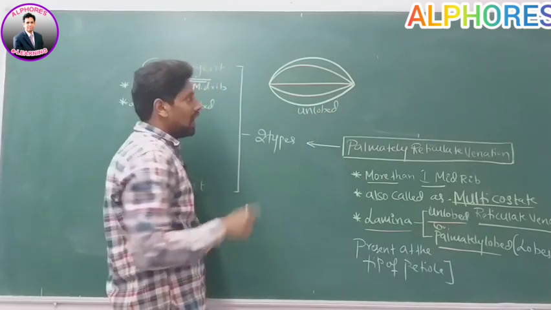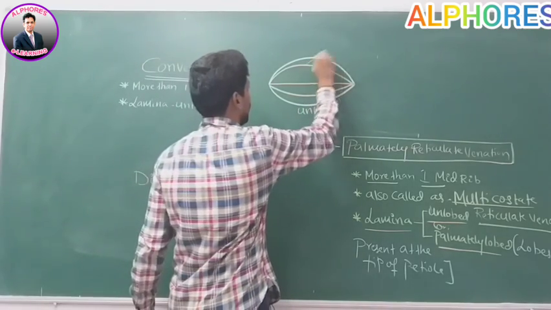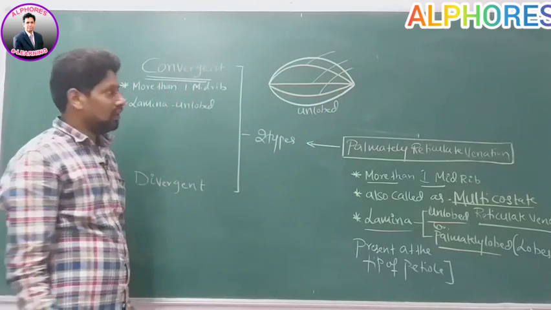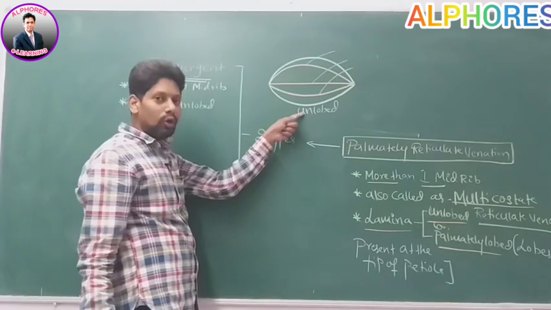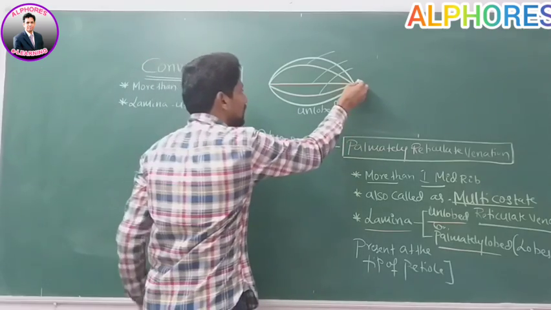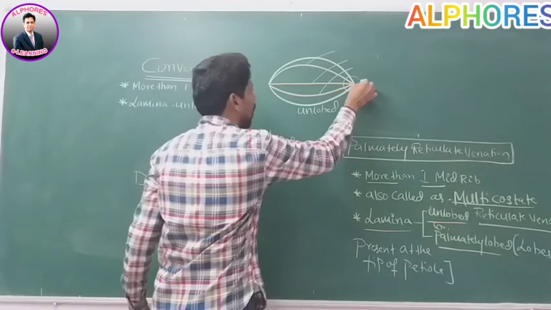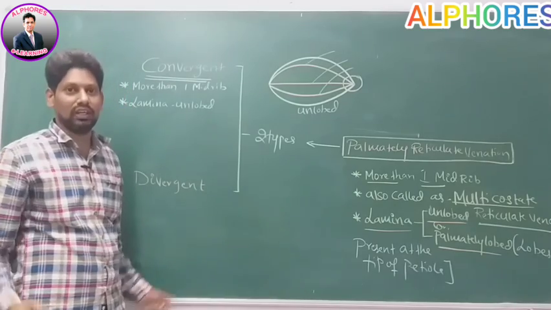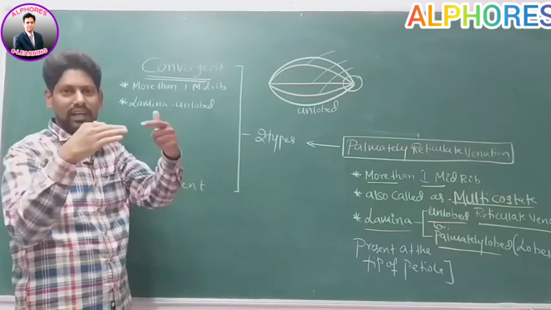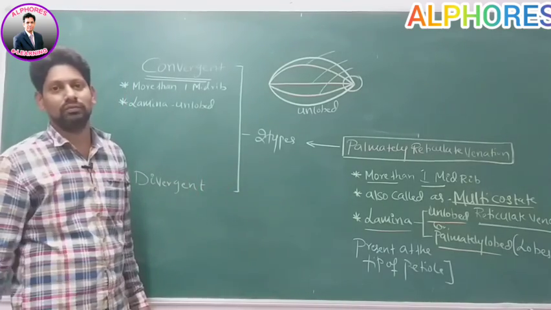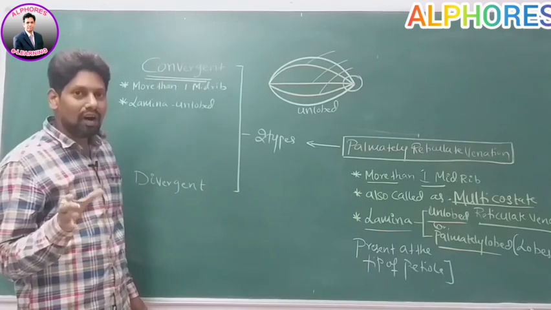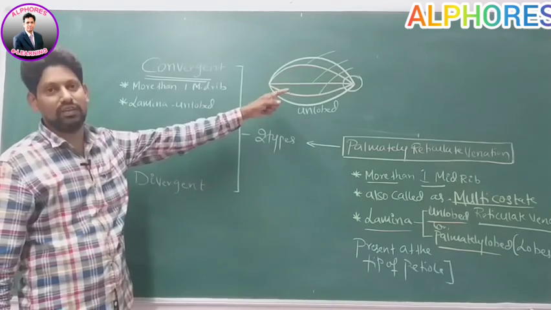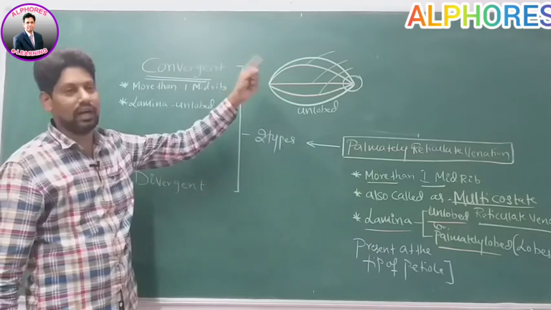Unlobed lamina. How many midribs are there in this diagram? 1, 2, 3. 3 midribs are there. Sir, as the lamina is unlobed, all the 3 midribs are converging, joining at the leaf apex. Yes or no? Converge, coming together, coming to one place, joining. Sir, what are joining, sir? All the midribs are joining. Where? In the apex of the leaf. Why, sir? Because the lamina is unlobed.